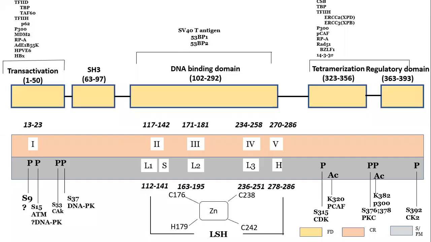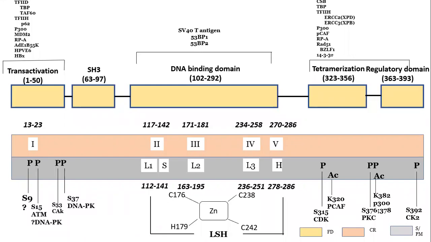As you can see from the diagram, this is the simplified structure of the protein p53. P53 protein is named like that because of its molecular mass, which is 53 kilodalton, and it has different domains and different binding sites.